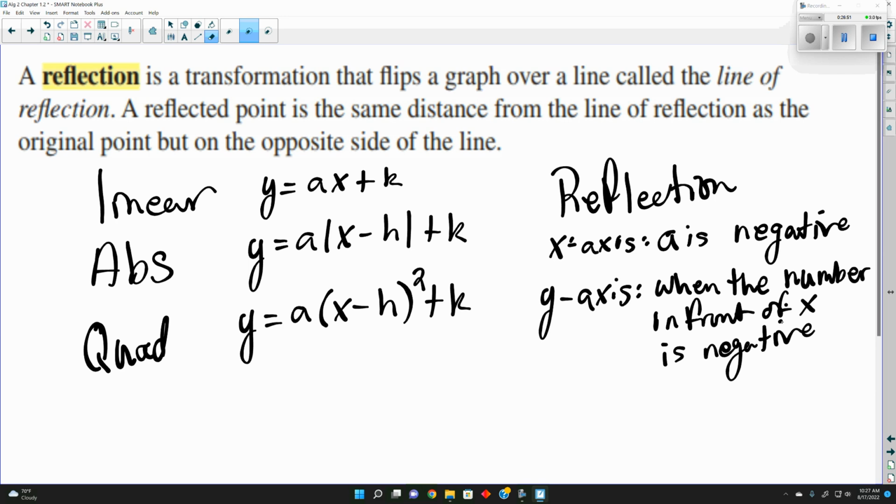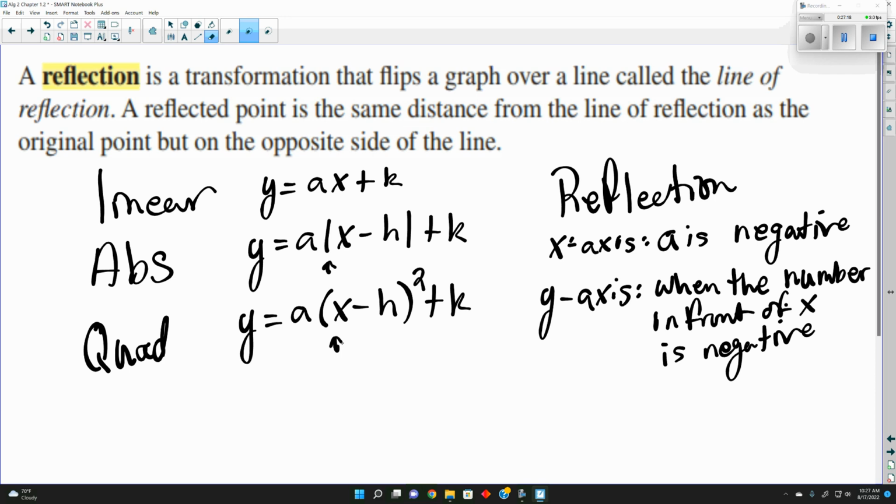Then it's a reflection across the y. And that's mainly talking about absolute value and quadratic when we have those parentheses. Okay? So when the number inside the parentheses, that number in front of x is negative, we're reflecting it across the y-axis. So for absolute value, when it's in here or in here, it's a reflection across the y-axis.